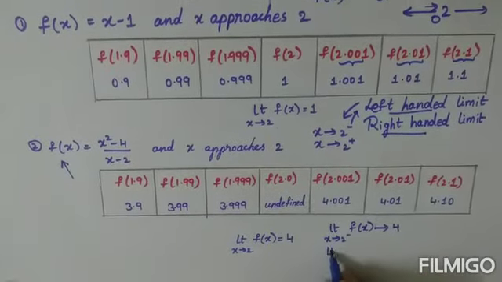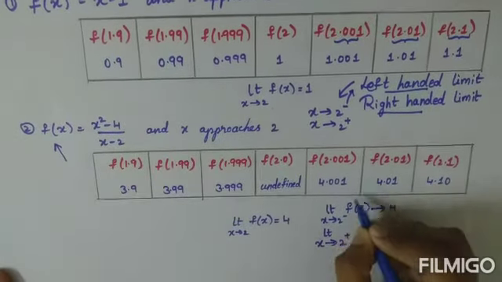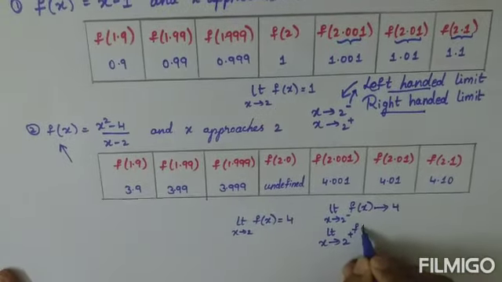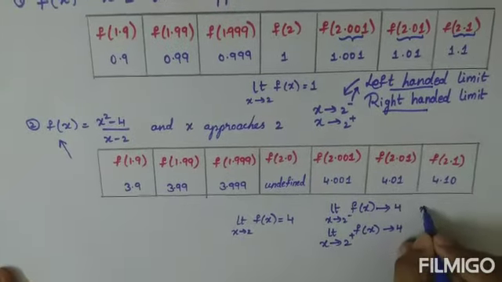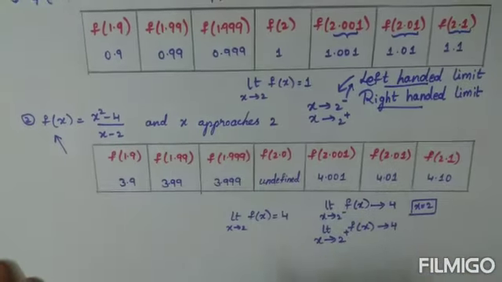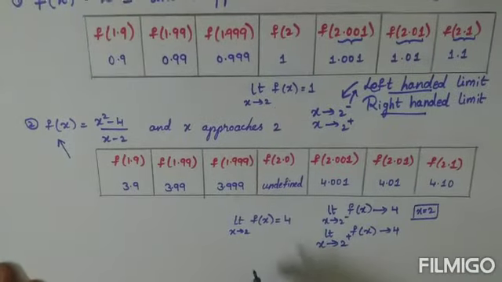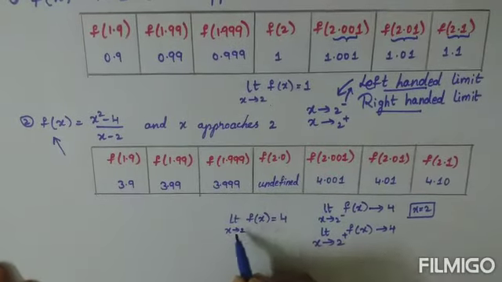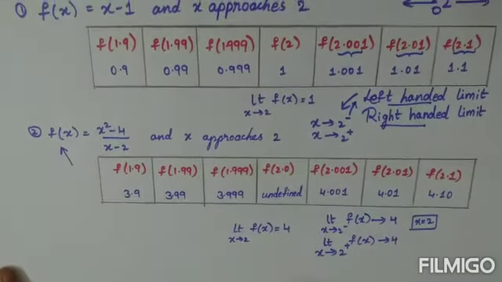The same is observed when we are moving right side also. When we are coming from right side, the limit value approaches 4. But at x equal to 2, the value of the function is not defined. But even though, as we have seen in the definition, the limit of f of x as x tends to 2 exists in this case too.